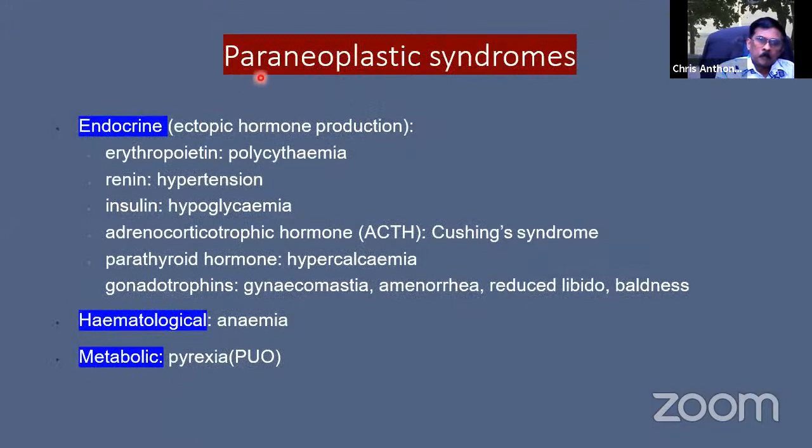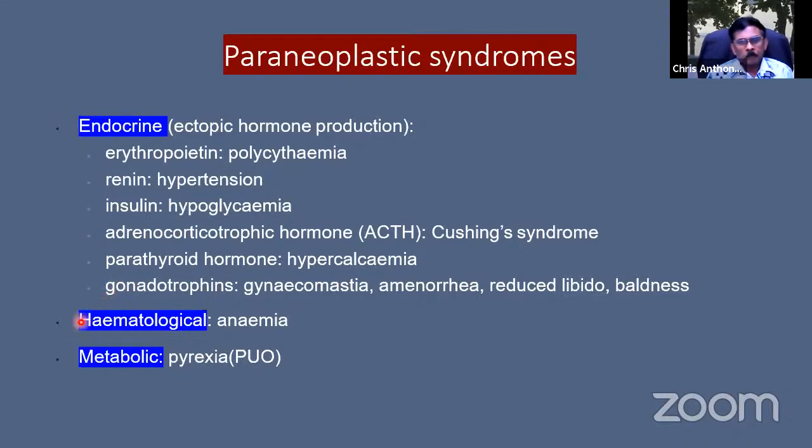Paraneoplastic syndromes. Renal cell carcinoma is a classical example of a tumor that produces ectopic hormone production. These include erythropoietin, which produces polycythemia, renin, causing hypertension, insulin, hypoglycemia, adrenocorticotropic hormone or ACTH, which produces Cushing's syndrome, parathyroid hormone producing hypercalcemia, and gonadotrophins, which produce gynecomastia, amenorrhea, reduced libido, and baldness.